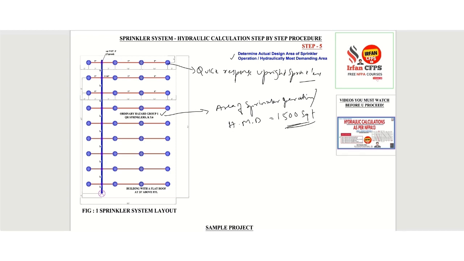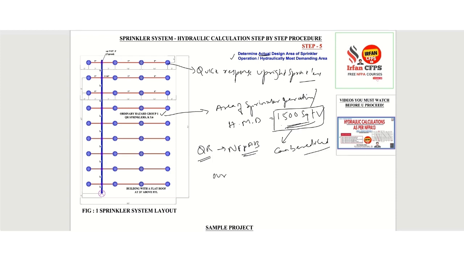We already know the area of sprinkler operation, but here in step 5 I mentioned determine actual design area. Actual means it will depend upon the sprinklers as well. The area of operation might change depending upon the sprinklers. So basically, if we are using quick response sprinklers, then NFPA 13 states that this area of sprinkler operation can be reduced.